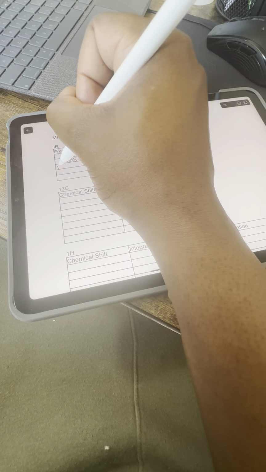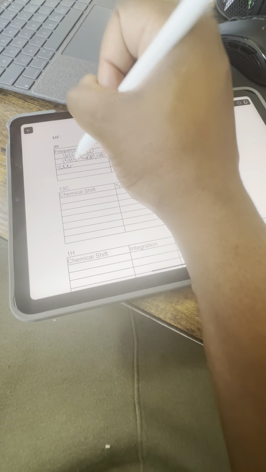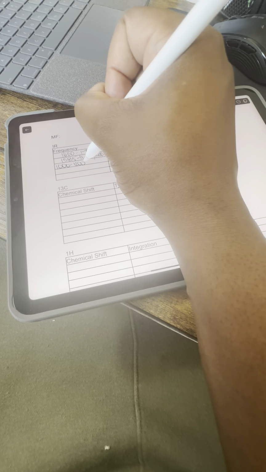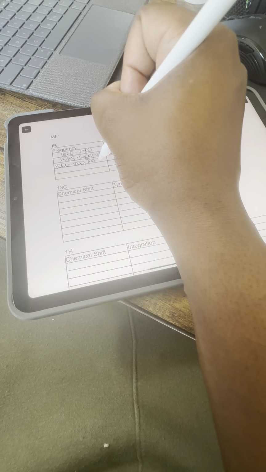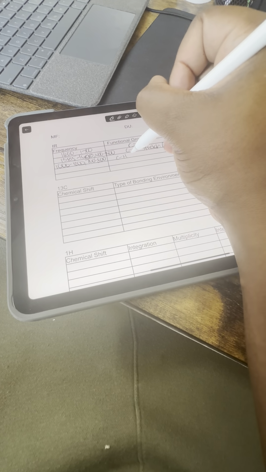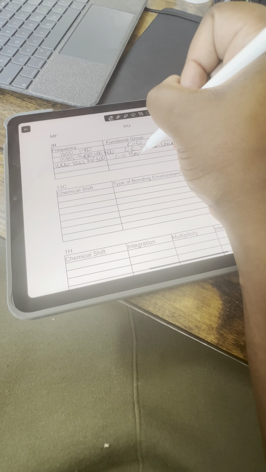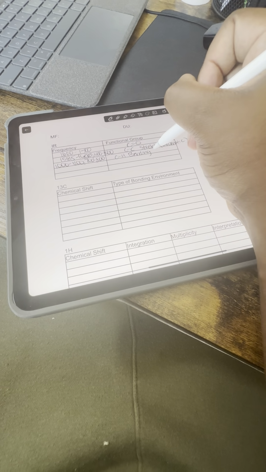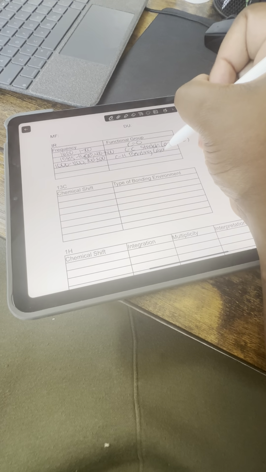With the 1000 to 1200 and then the 700 to 800, we saw the CH bending, and that too is aromatic.